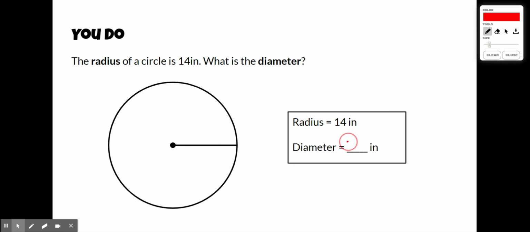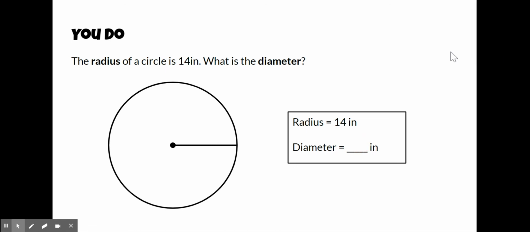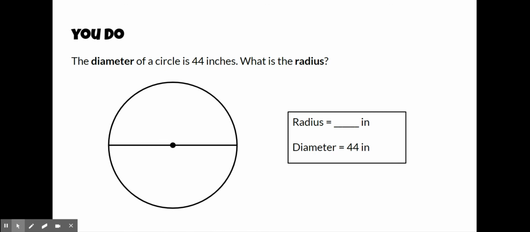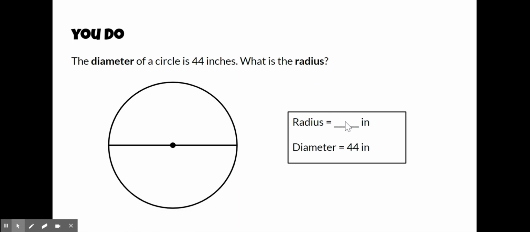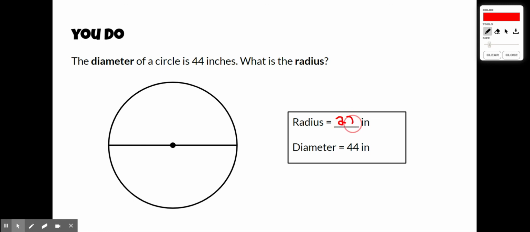So if the radius was 14, then the diameter would be 28 inches. Last one. The diameter of a circle is 44 inches. What is the radius? So if the diameter is 44, the radius is half of that, which would make it 22 inches.